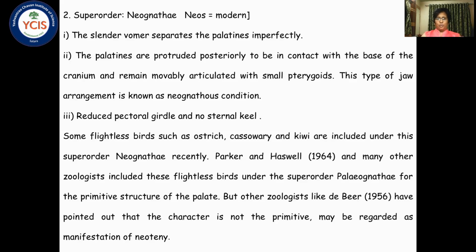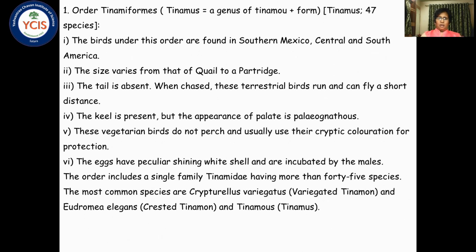So this superorder includes various orders, and students, we will stop here. In the next lecture, we will see the next orders which are included in this superorder.